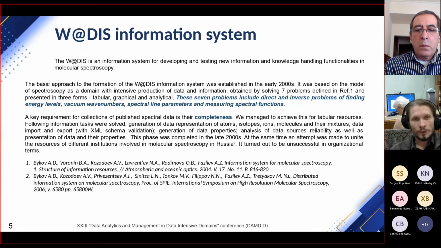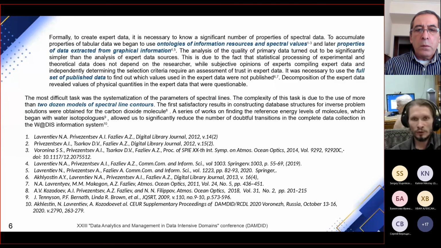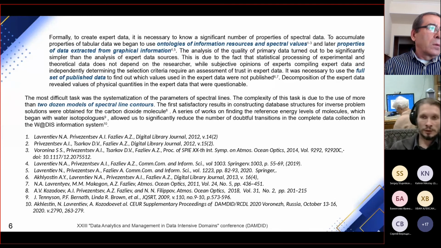To create expert data, we as developers need to know a significant number of properties of such data. We accumulate the properties of tabular data by using ontologies of information resources and spectral values. And the latest stage was computing properties of data extracted from graphical information.